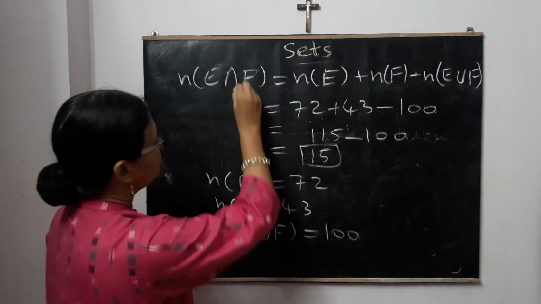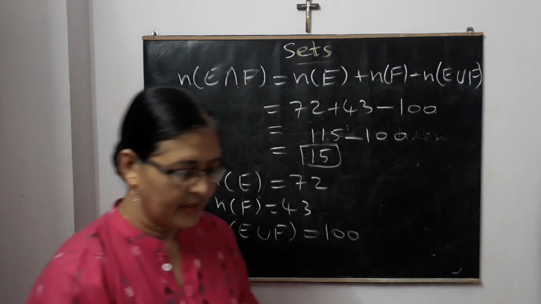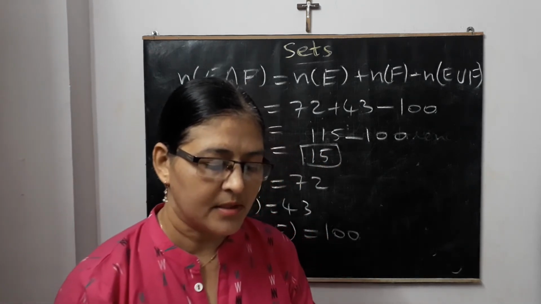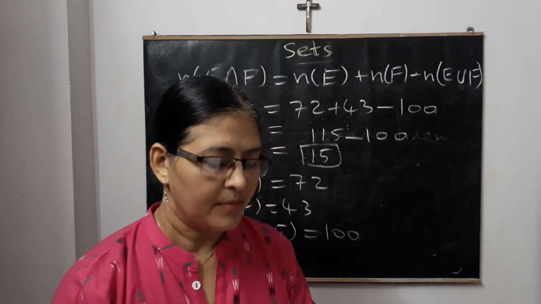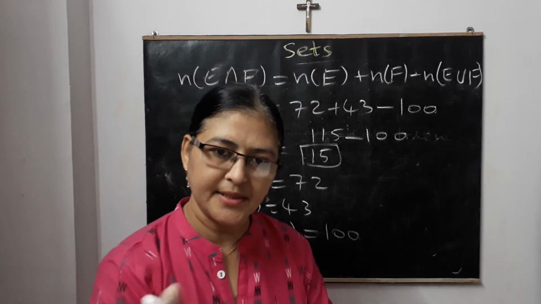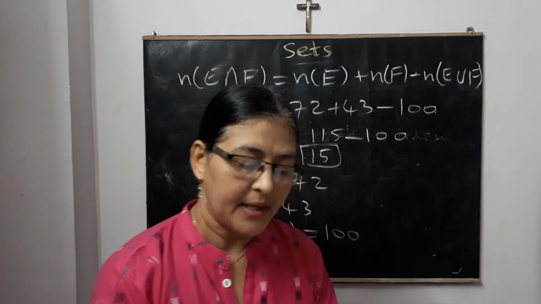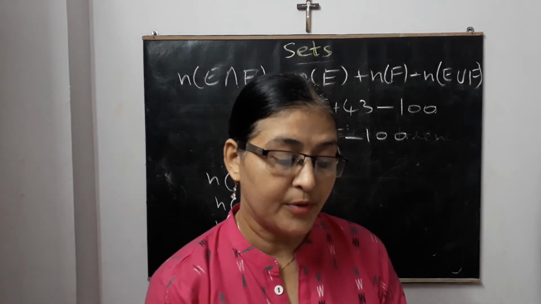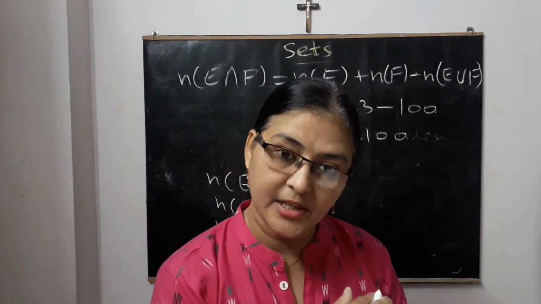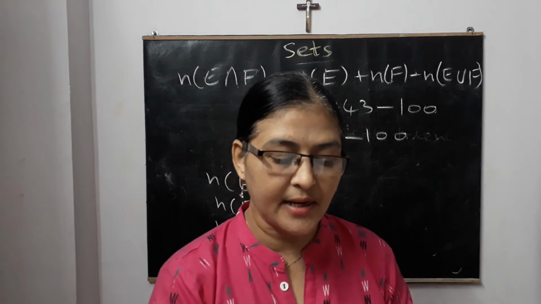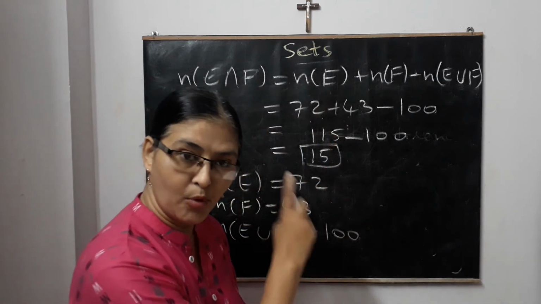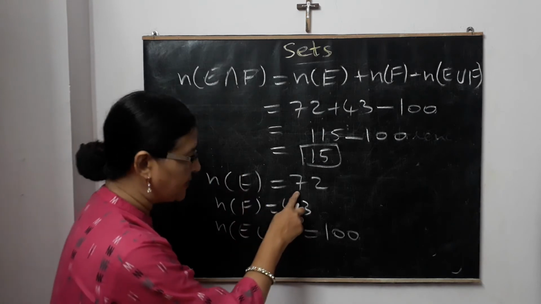Now what are these 15 people? They are speaking English and French both. That is the intersection part. Clear? But among English and French, we have to find only those who are speaking only English and only French. So 15 represents speaking both languages. And n of E is 72.